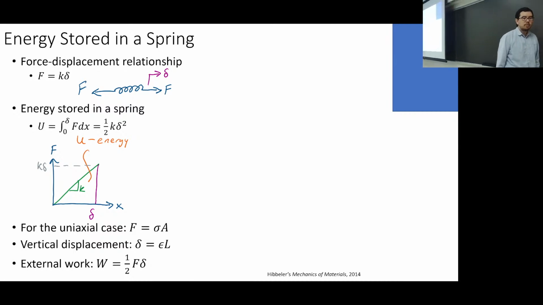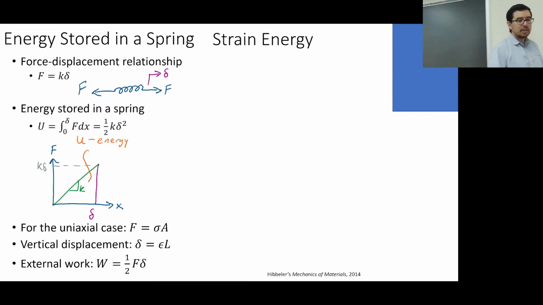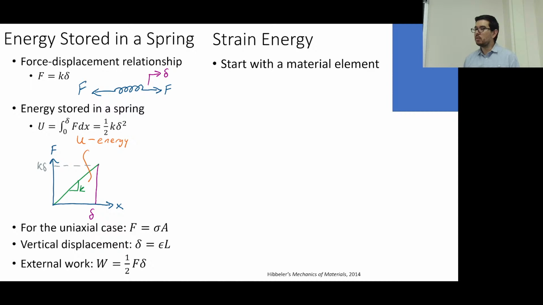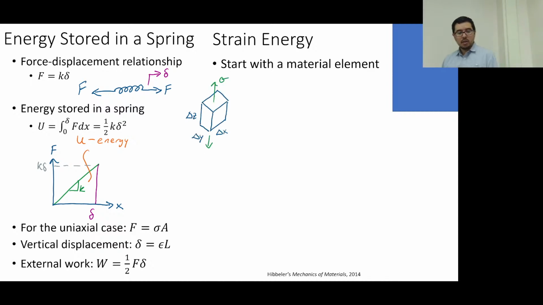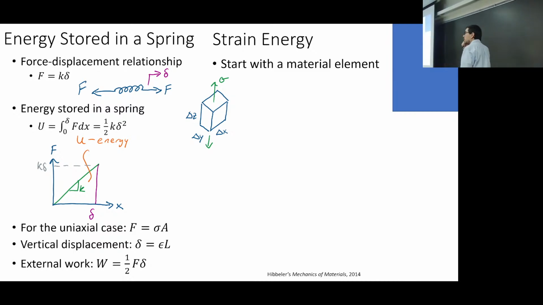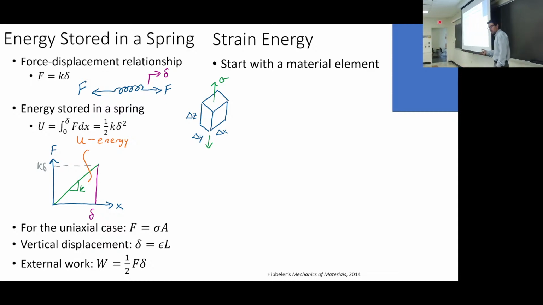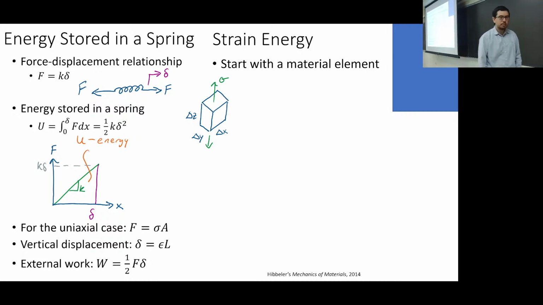Now, what do you think about this equivalent idea, but not with a spring, but with a material? And we're going to go back to our material element. So now, let's say that we have some stress acting on a material element, and it's infinitesimally small, and we have a delta x, delta y, delta z.